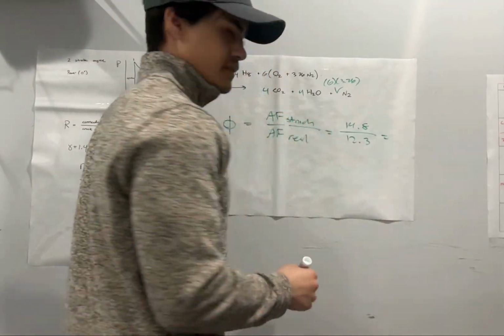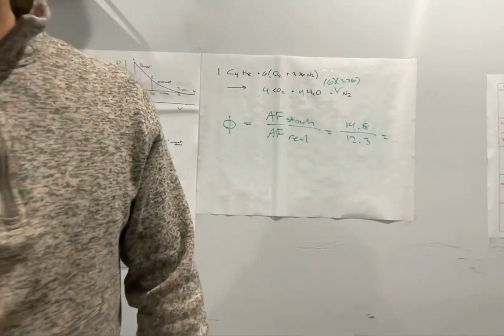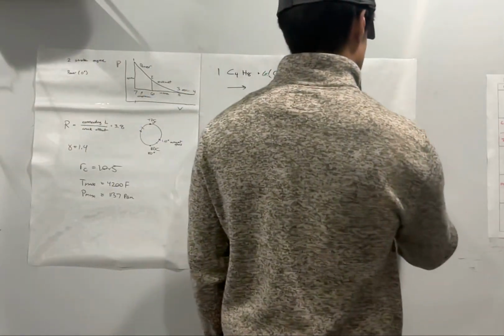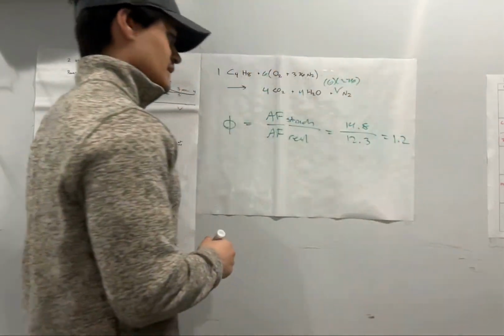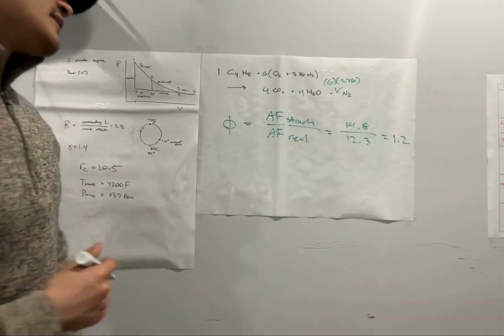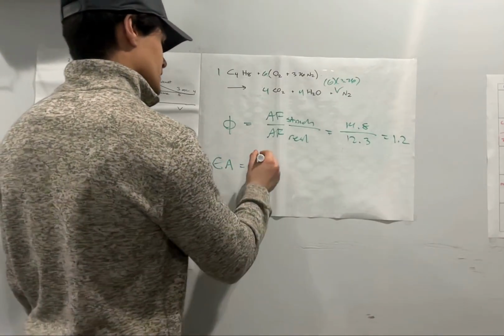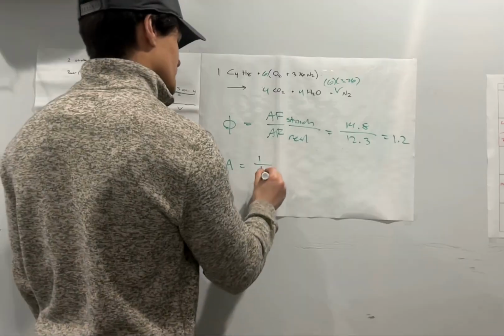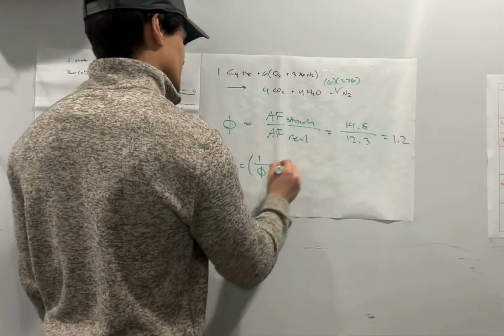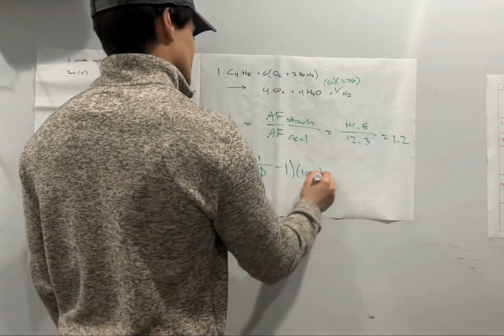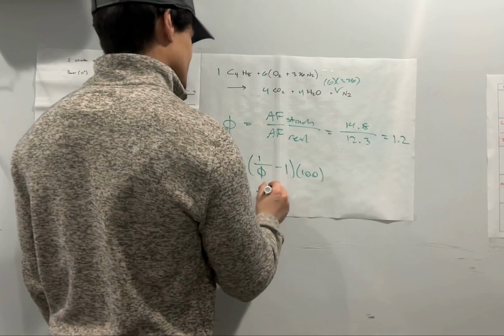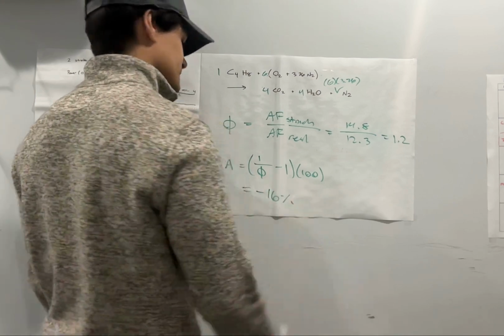So this equivalence ratio is going to be roughly 1.2. And so to get the excess air now, it's going to be 1 over the equivalence ratio minus 1 times 100, which yields negative 16%.